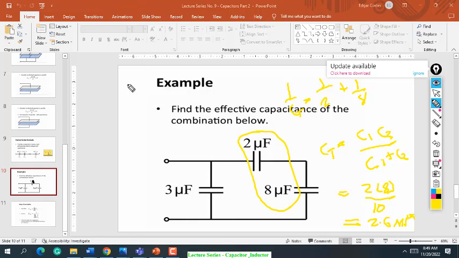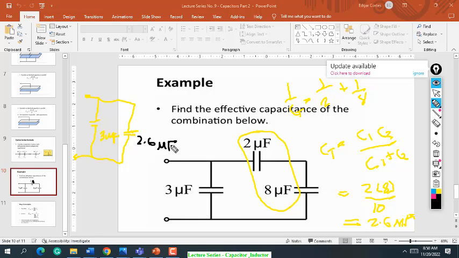Okay, so the resultant would be like this. This is capacitor 1, which is 3 microfarad, and then the series of 2 and 8. The resultant of 2 and 8 connected in series is 2.6, right? 2.6 microfarad.